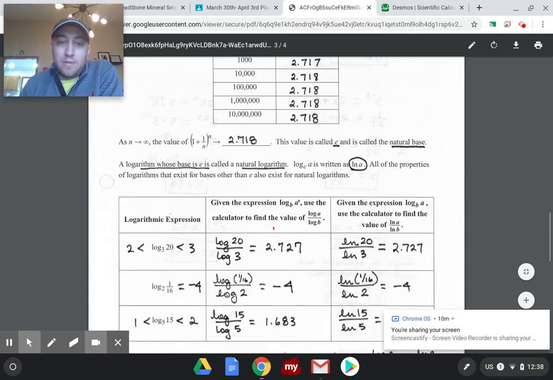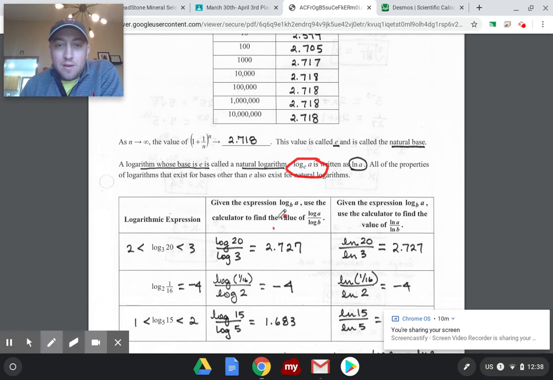Okay. Now, the thing is with e, if you pay attention right here, log base e of a. Anytime we're using e as our base, we're not going to write it as log base e. We're going to use the natural log expression, which is ln. So that's where that came from. You can see it on your calculator.